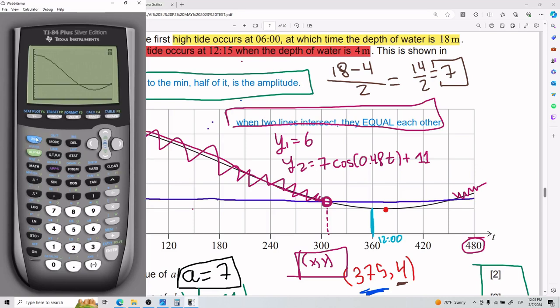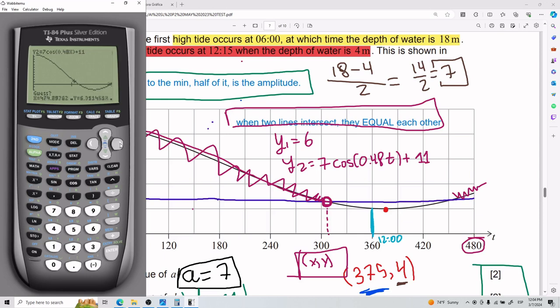So we press second, trace, to hit the calc button. Go all the way to intersect. You can press the first curve, which usually picks it up by itself, so the flat one. And the second curve is the one that is curvy. Then we have guess. Guys, the guess function is really just to pick your intersect. Notice how there's an intersect here, and technically there's also an intersect all the way over there.